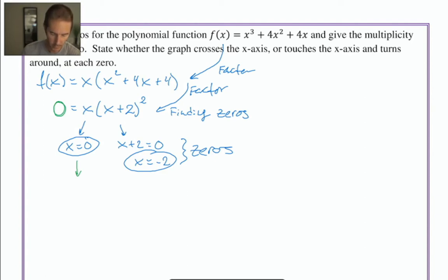So this has multiplicity of 1. And then the zero that is x equals negative 2, that came from a factor that said x plus 2, and that factor had an exponent of 2. Therefore, the zero, negative 2, has a multiplicity of 2.